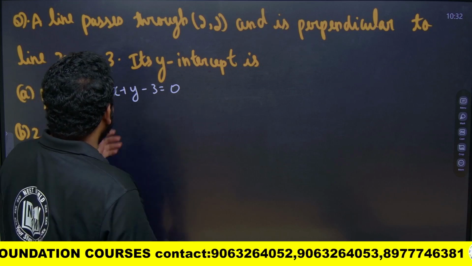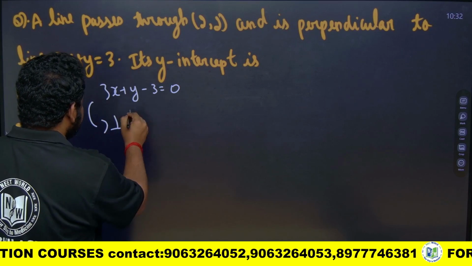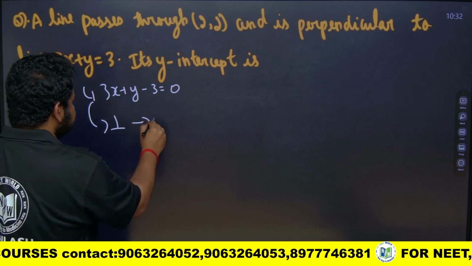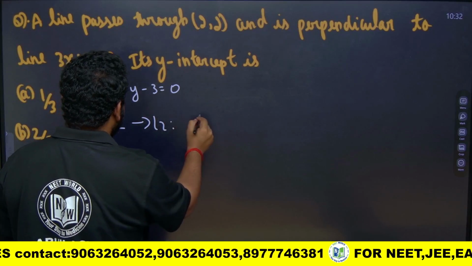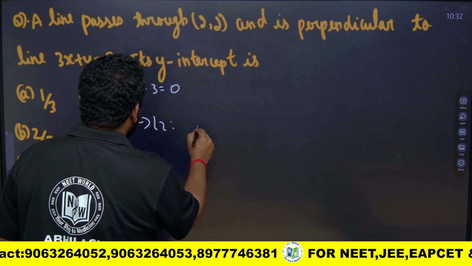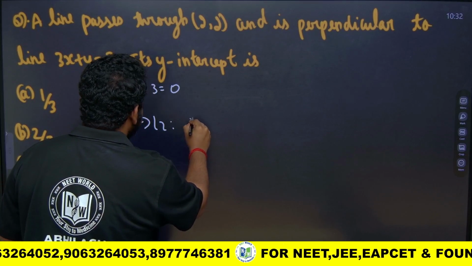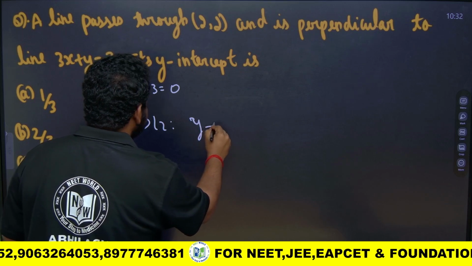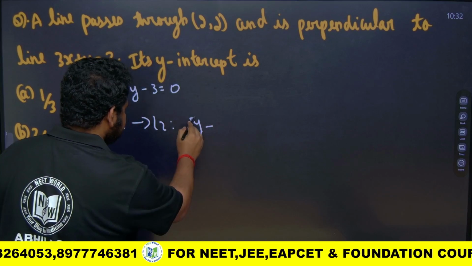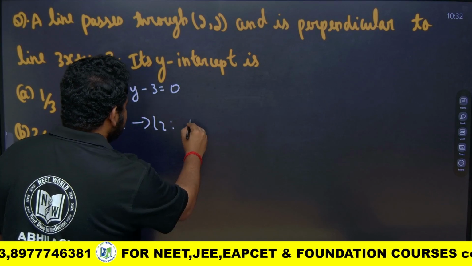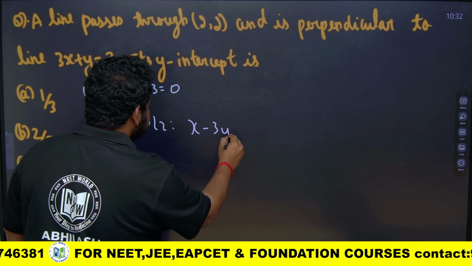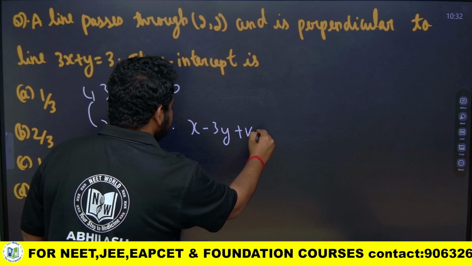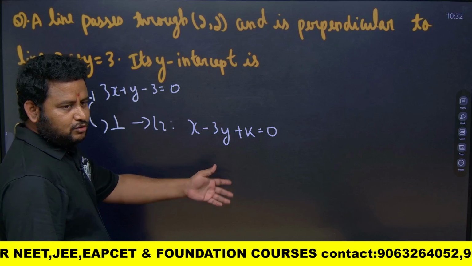Now, let me write a line perpendicular to this. Let this be L1, let this be L2. The perpendicular line will become x minus 3y plus k is equal to 0, because the constant value we don't know, let us take it as k.